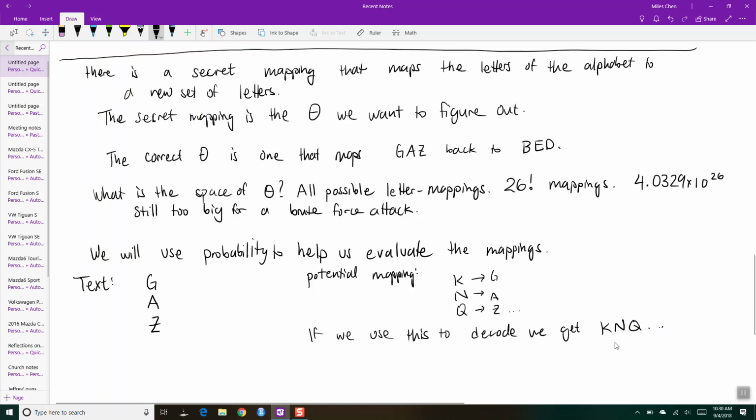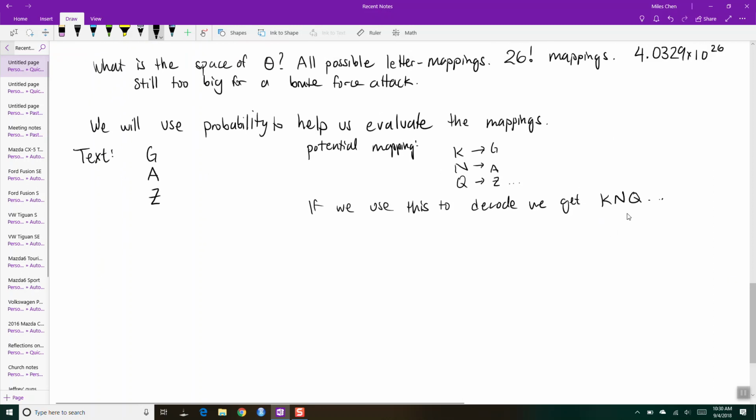And by looking at that, we can say this seems to be an unlikely mapping because it seems unlikely that the word that the prisoners were trying to cipher was K and Q. Maybe that means something, but this is not a real English word. It seems unlikely that this is the correct mapping, right? K and Q is not a real word, so it is unlikely that this mapping is correct.